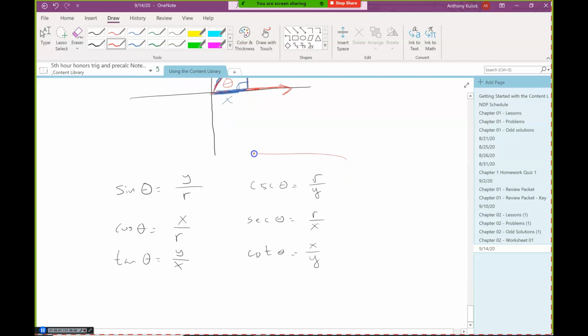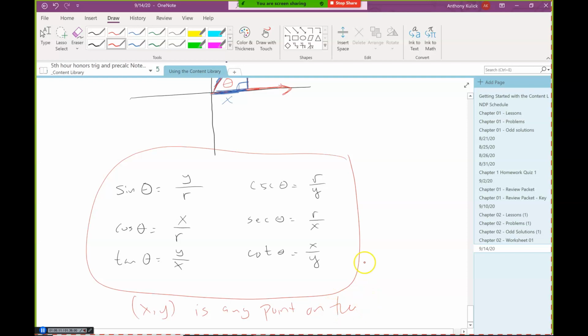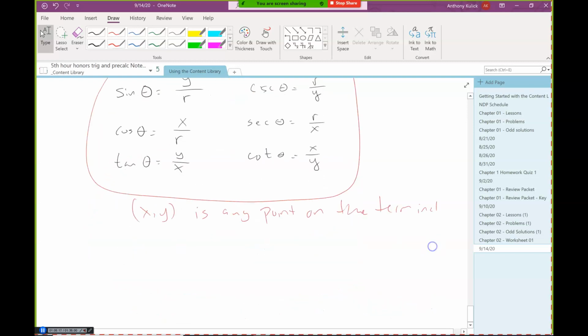So again, remember, in this situation, xy is any point on the terminal side and r is the distance of that point to the origin.